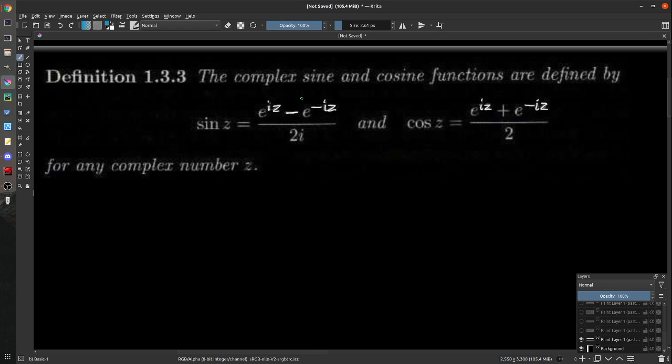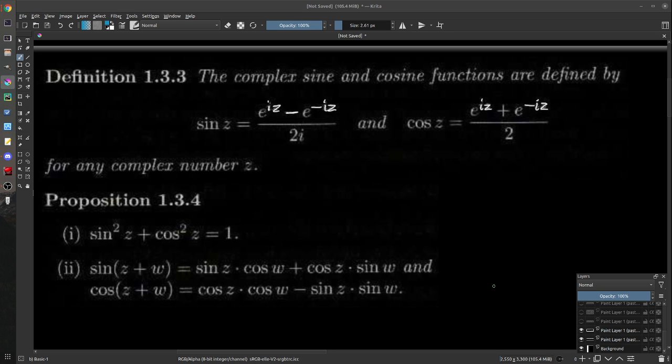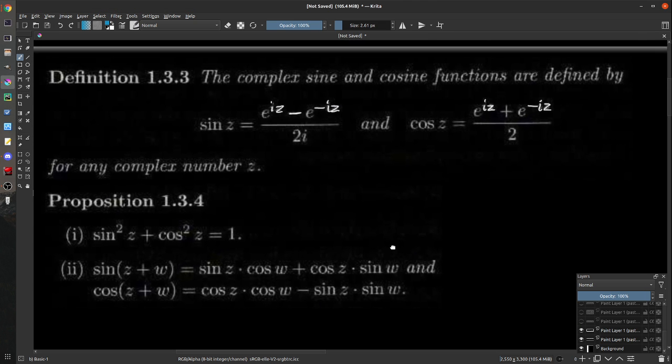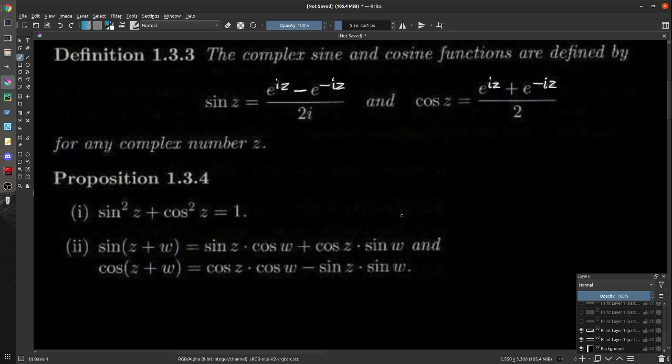Built these guys. And so what we're going to do now in the remainder of this section is build a number of other functions in similar ways, and show that the general properties that you expect to hold from the reals can carry over into the complex situation.